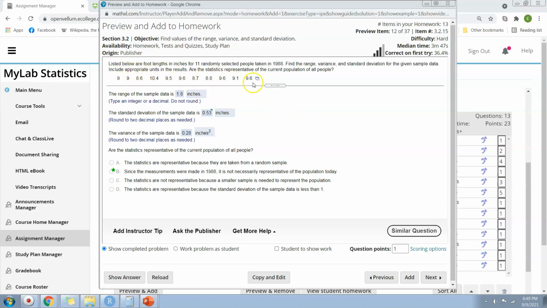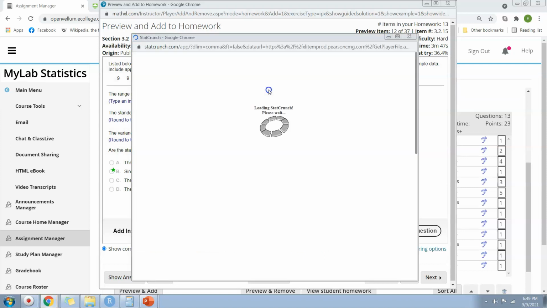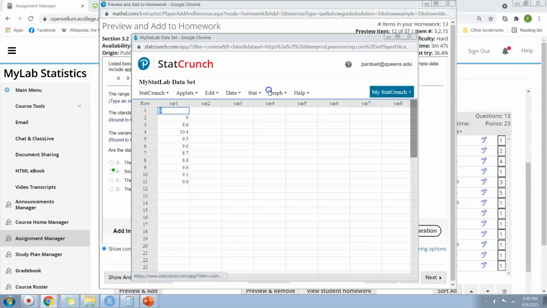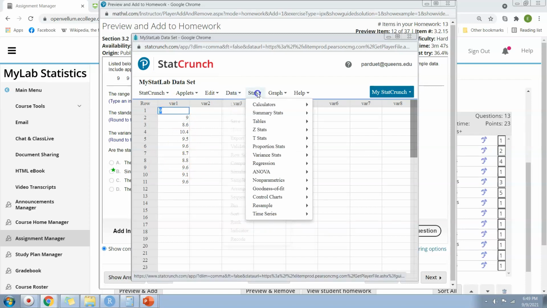And you don't even have to enter this data anywhere. Because if you see the two boxes here, you can click on that box. And if you click Open in StatCrunch, it pulls up this calculator that will find it for you.